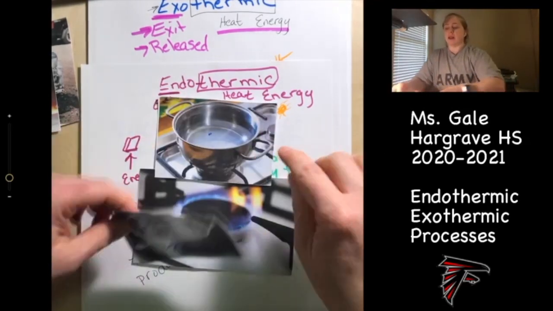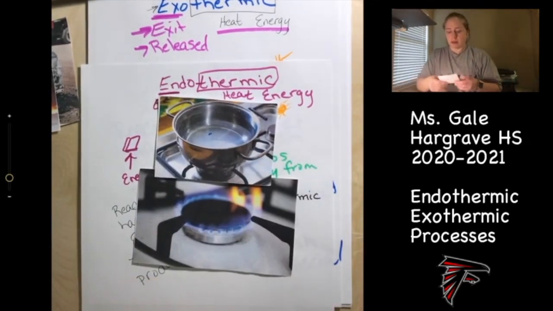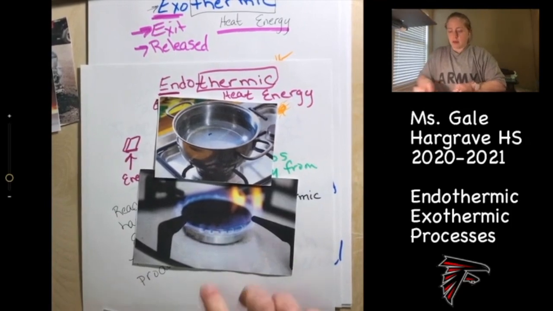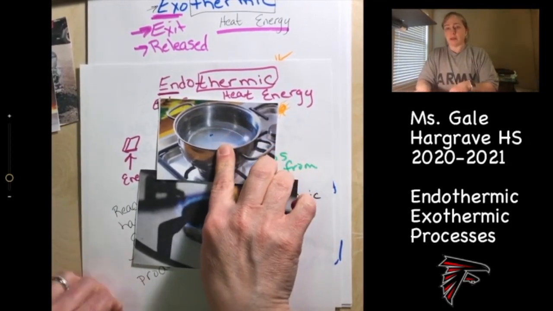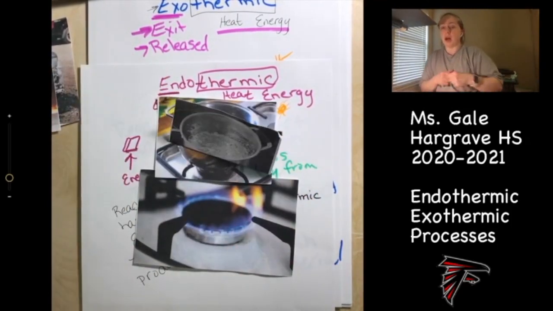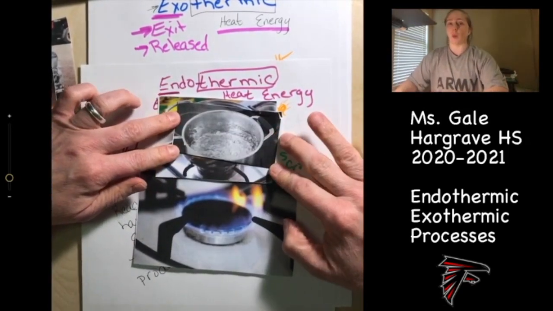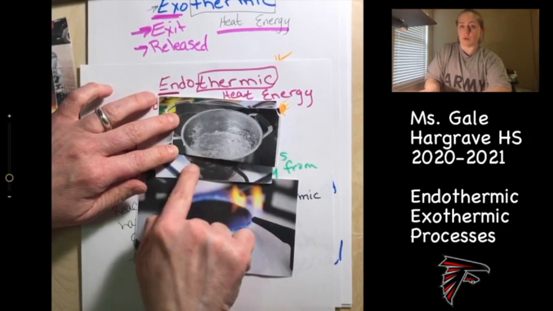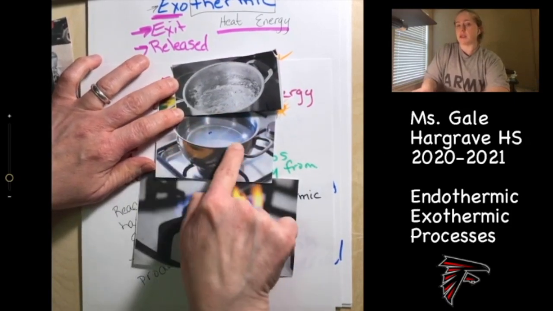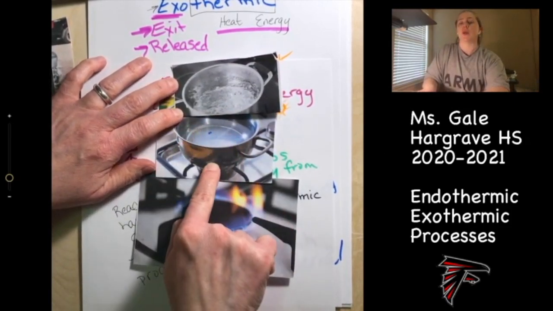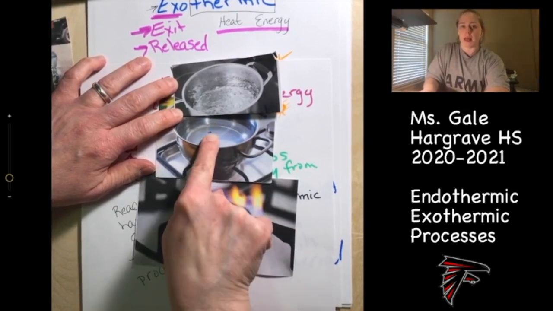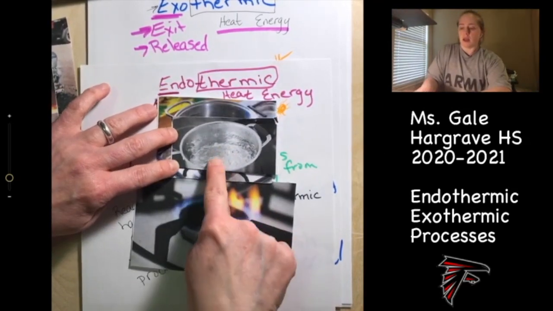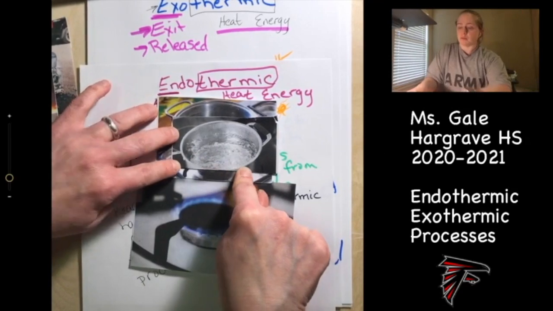So the reactant is the original pot. The product is that boiling water, because energy is entering into here. This is my system because we're talking about endothermic. This is absorbing the heat. It comes out with a lot more energy.